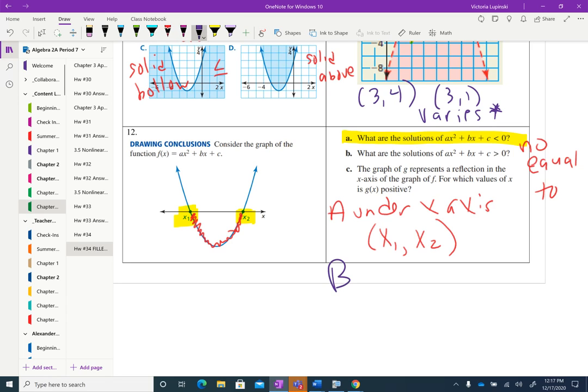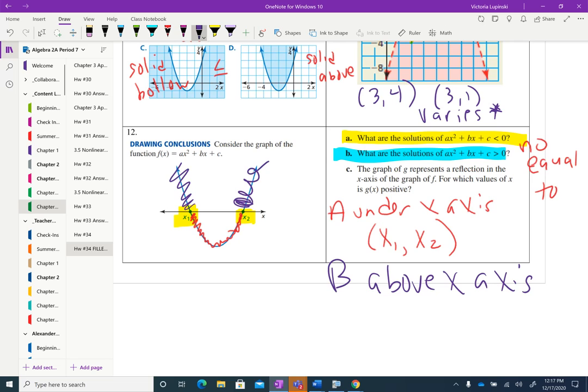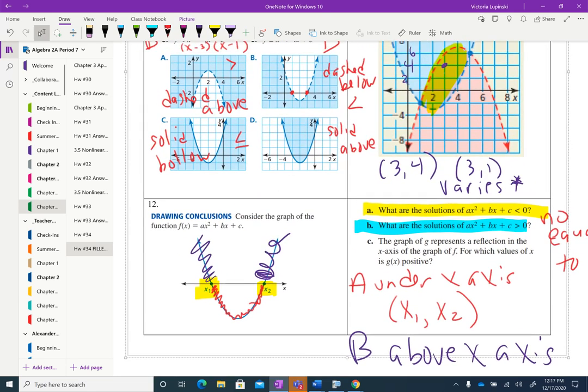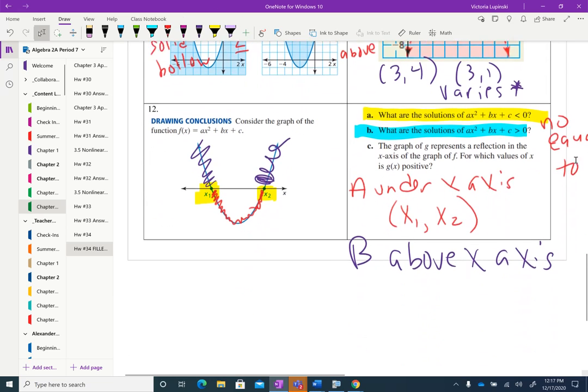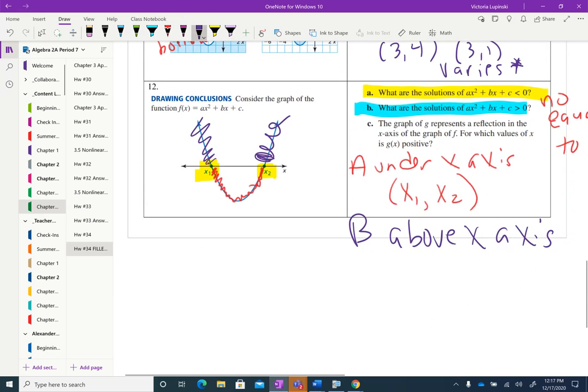The opposite of being less than 0 would be being greater than 0. So in question B, when they're asking you for greater than 0, they want to know where you are above the x-axis. So the graph is above the x-axis everywhere that I made purple. Oh, sorry about that, pressed a button. So you basically want to say to the left of this and to the right of this.